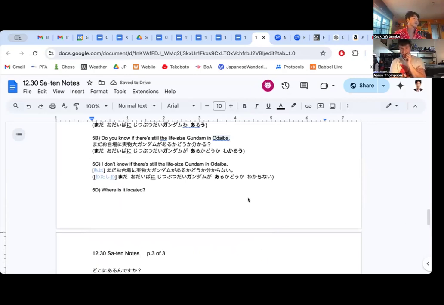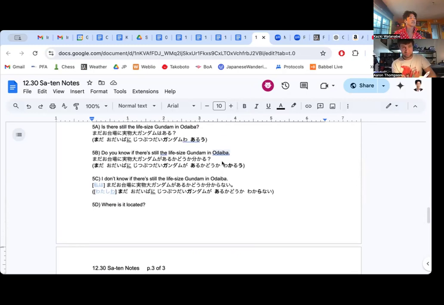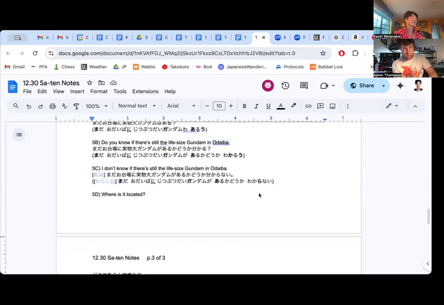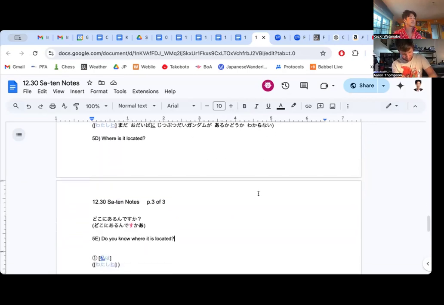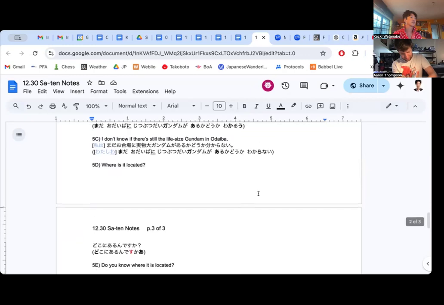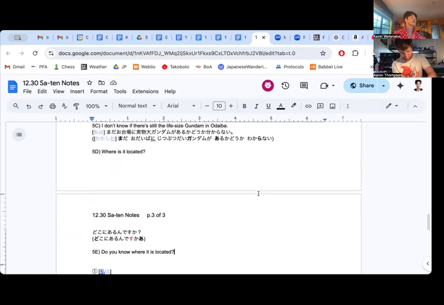Now, here's a bit of a twist. In this sentence, まだお台場に実物大ガンダムがあるかどうかわかる。Oh, we switch back. ガンダムが。そう、まだお台場に実物大ガンダムがあるかどうかわかる。Oh, I didn't write the previous sentence down. Oh, that's fine. You can come back later.